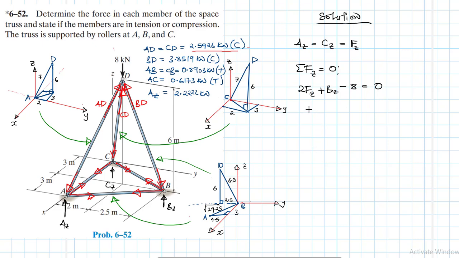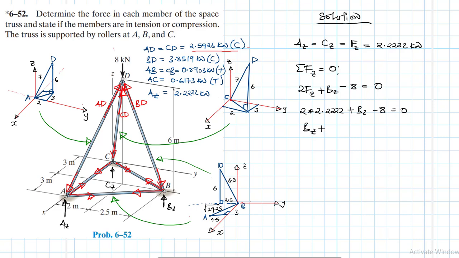Okay, since we found what AZ is, we said this is equal to 2.2222 kilonewtons. So then we just say 2 times 2.2222 plus BZ minus 8 equal to 0.